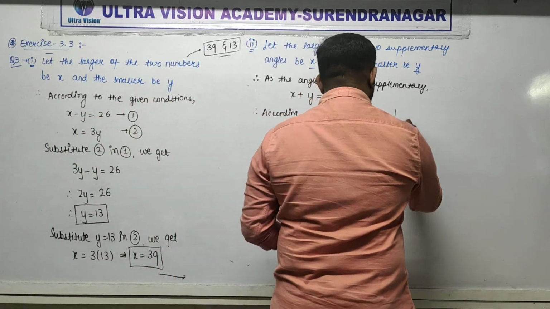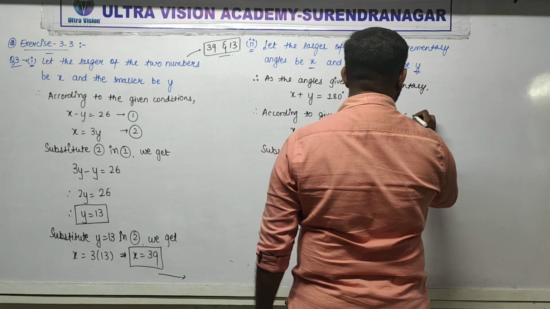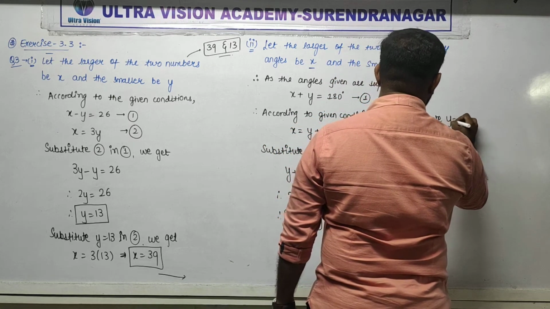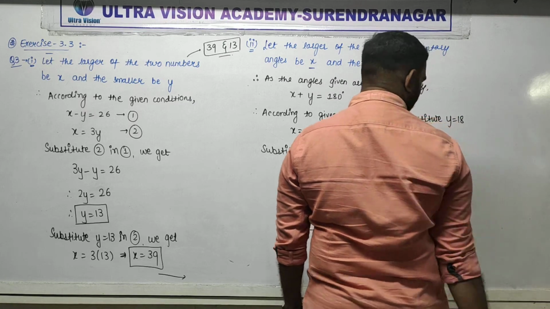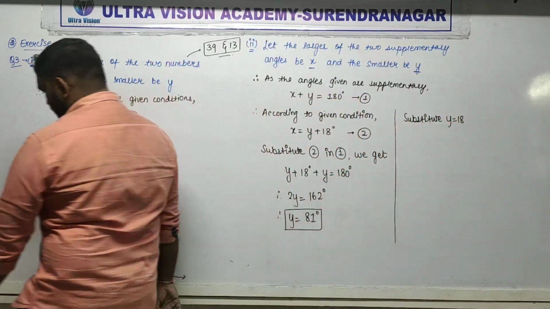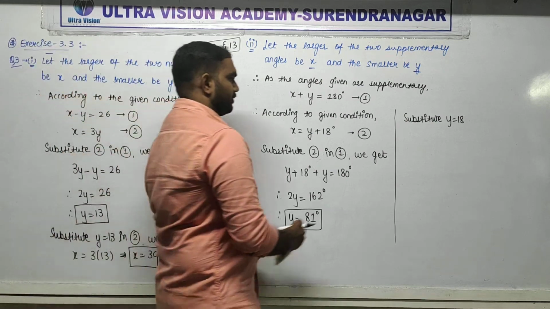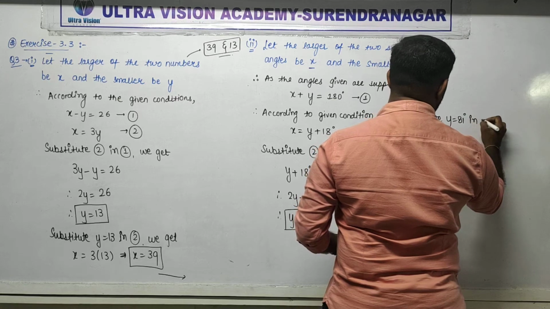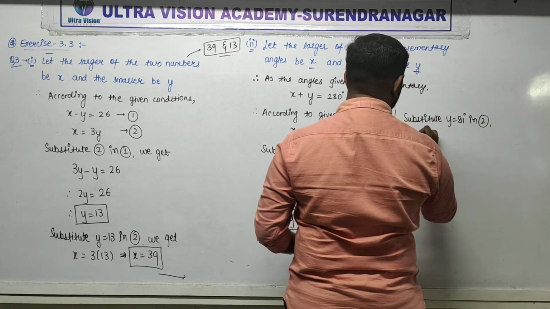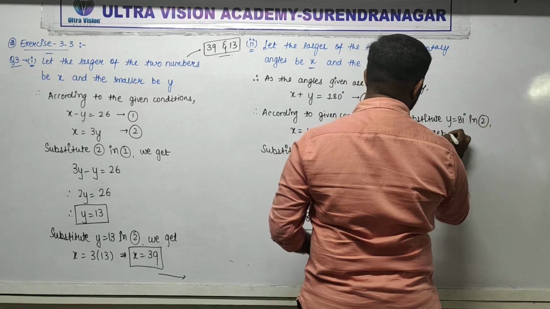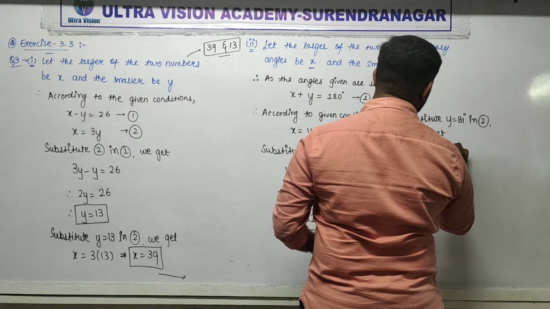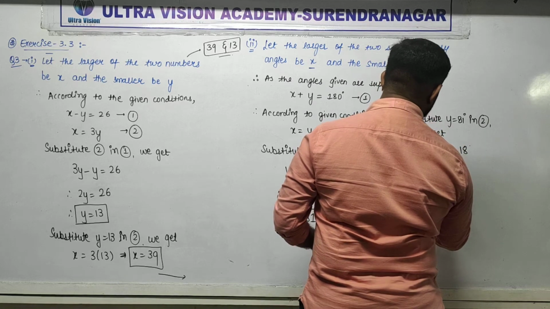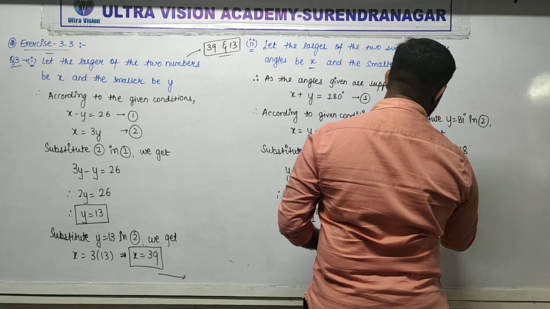So I'll write down here: substitute y equals 81. x equals 81 plus 18, which is 99.